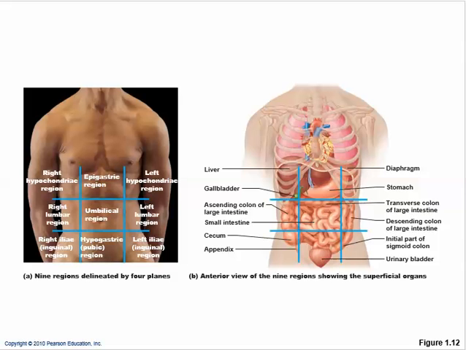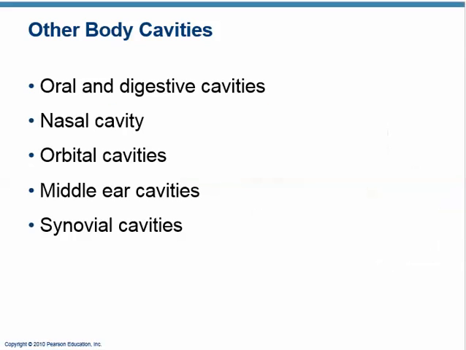The right and left inguinal or iliac regions, kind of along the line where your leg attaches, and the hypogastric region or the pubic region, which is below the belly button. These other cavities are really found outside the body, and we'll talk about them as we see fit.